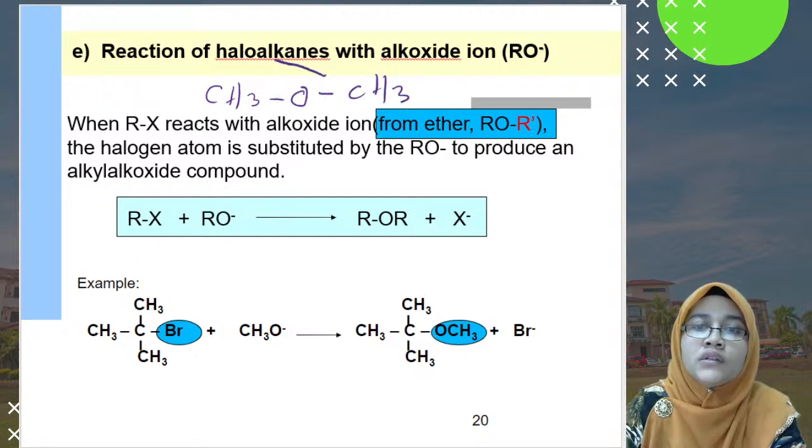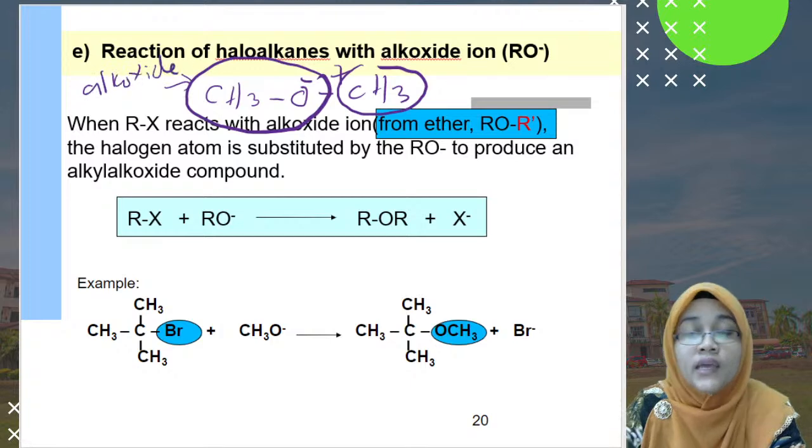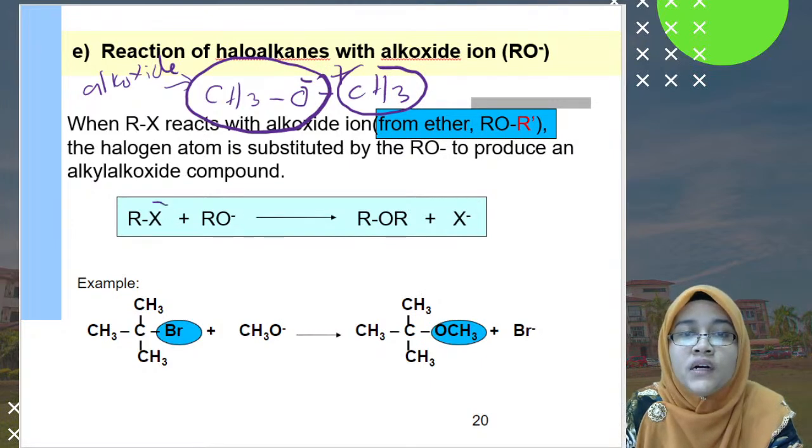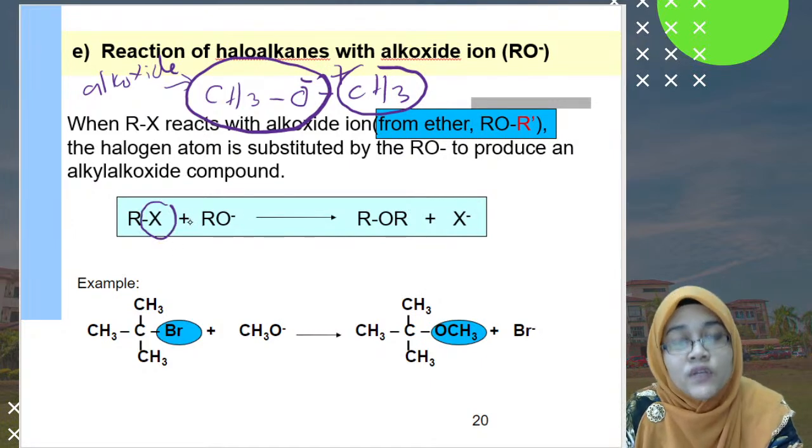So this alkoxide brings CH3O minus and also CH3 plus. This is what we call alkoxide. This alkoxide ion from ether will substitute with the halogen.